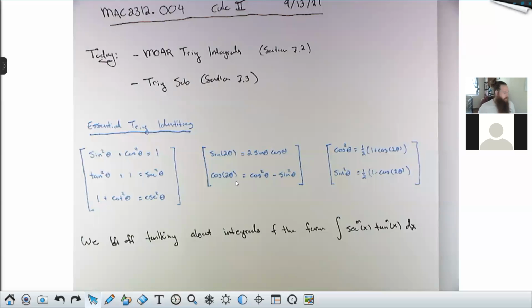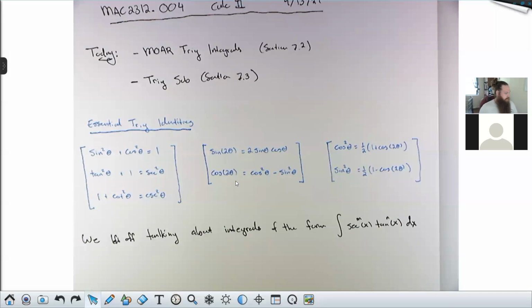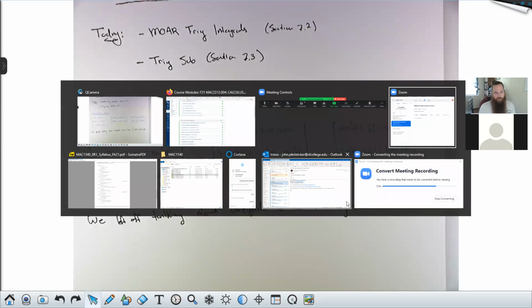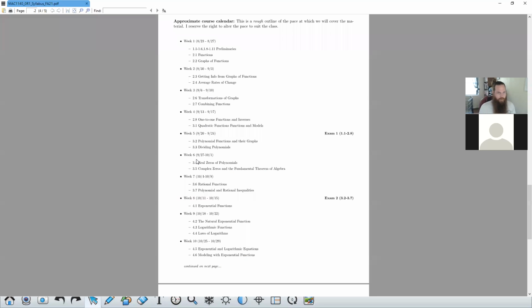And we did actually go through the strategy. I gave you written out in words the strategies that we use for these, depending on the powers of secant and tangent. If you want to refresh yourself, that stuff is in the textbook.